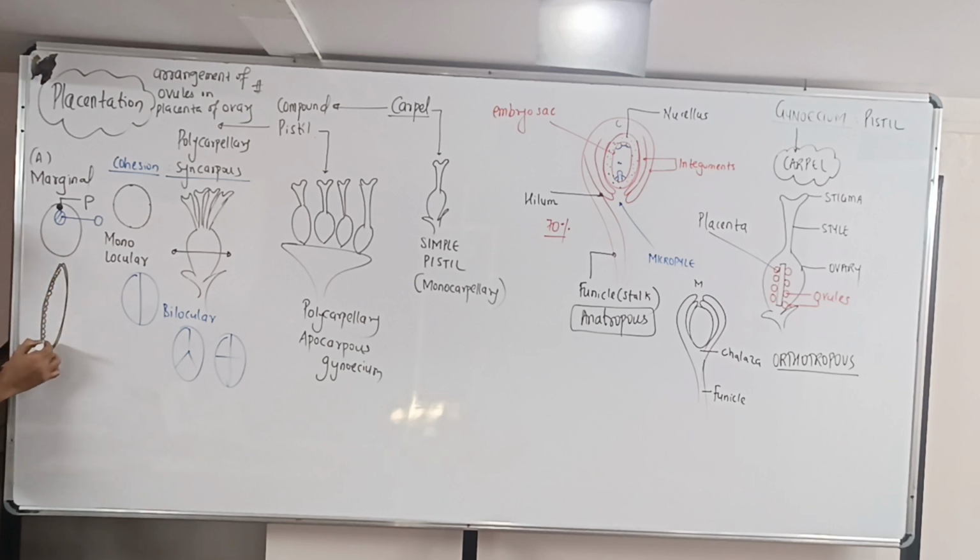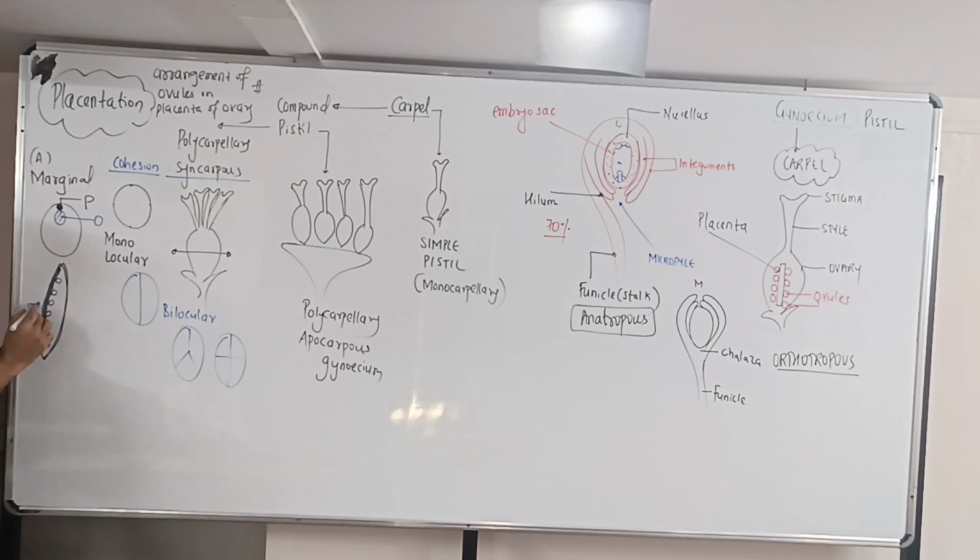This part will be the placenta. What is this? Placenta. And the placenta is present on both the margins or one margin? One margin. So can I say even the ovules are present on a single margin?